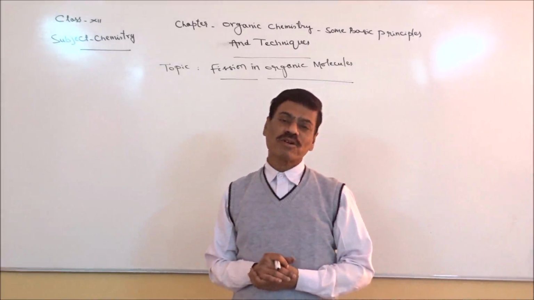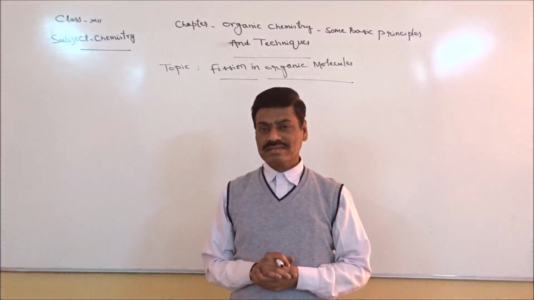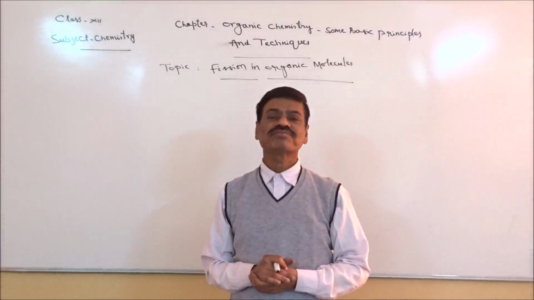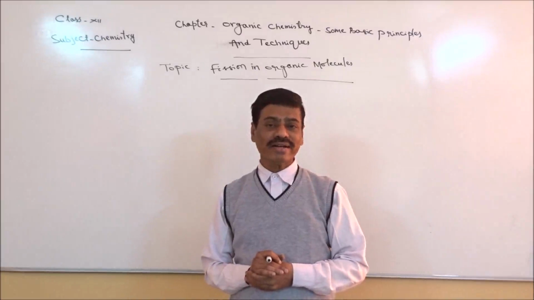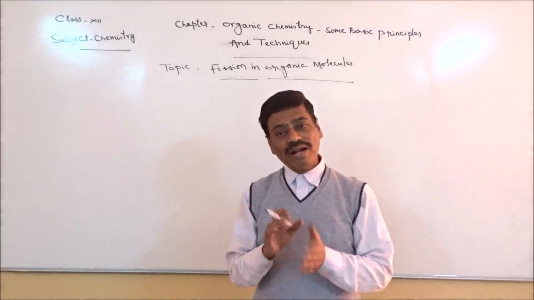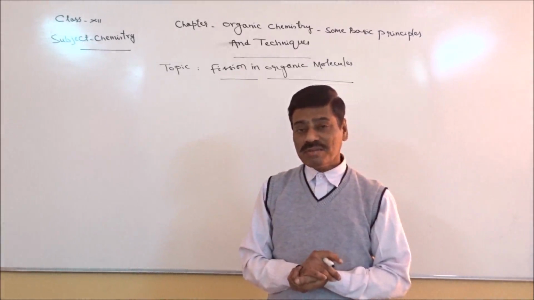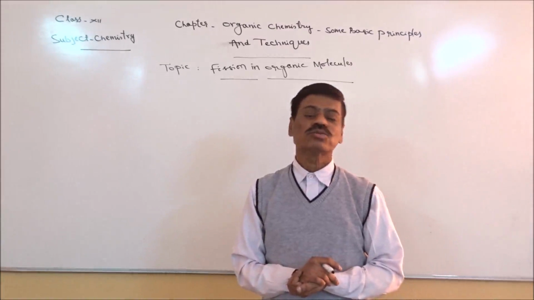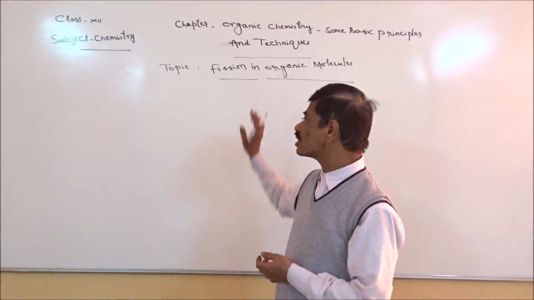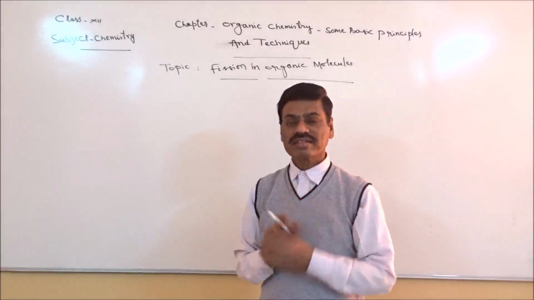In the case of bromoethane, Br is more electronegative. So what happens is the bond which is binding the carbon atom and Br in bromoethane will be shifted completely towards Br in this fission phenomenon. That is one thing.